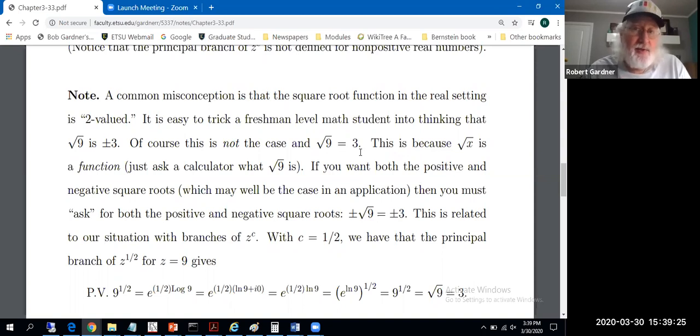Now, how that relates to this is a story about branches. In the real setting, there's two branches of the square root function. There's positive square roots and negative square roots, and I'll leave 0 to take care of itself. Probably should say non-positive and non-negative. But we have two choices for the value of the square root of 9, and the meaning of the symbol is to choose the positive one.